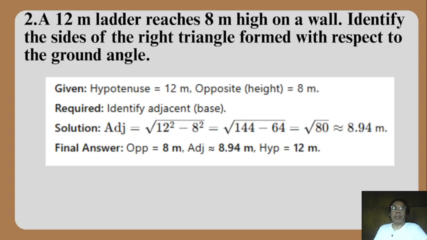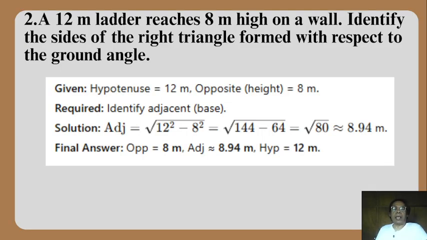Number 2, a 12-meter ladder reaches 8 meters high on a wall. Identify the sides of the right triangle formed with respect to the ground angle. So we're given hypotenuse 12 meters. And then we're given also the opposite 8 meters.